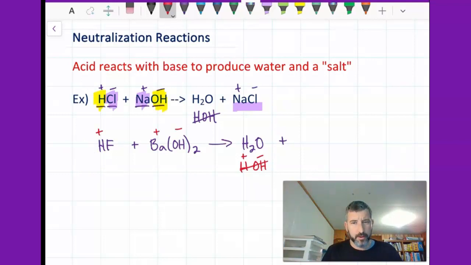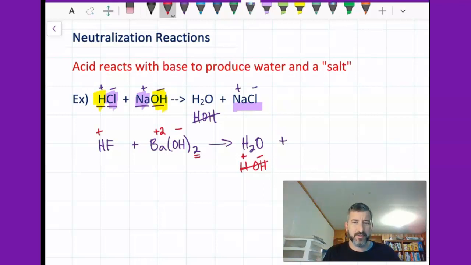What's the charge on barium? You don't have to look at a periodic table, remember, you can just look at the formula. You should have said that barium is positive 2, and the reason we know that is because there were 2 hydroxides, and each hydroxide is minus 1. So that one single barium would have to be positive 2 in order for us to have balanced charges.